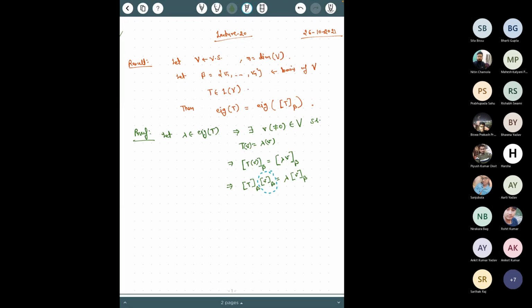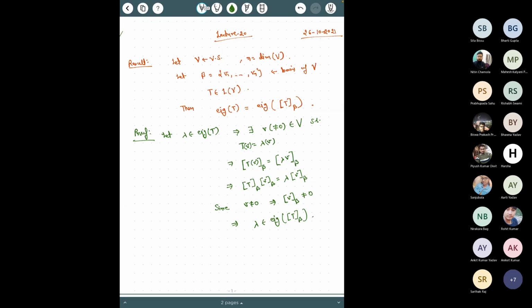You remember, if v is in V, then this would be in Fn. It is a column vector. So this is not zero, and therefore, by definition, lambda belongs to the eigenvalues of the matrix of T. So the one side containment is fine.